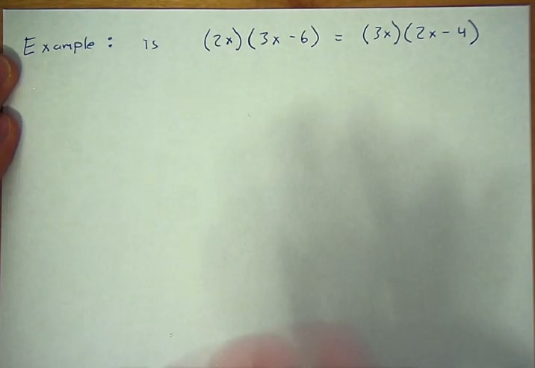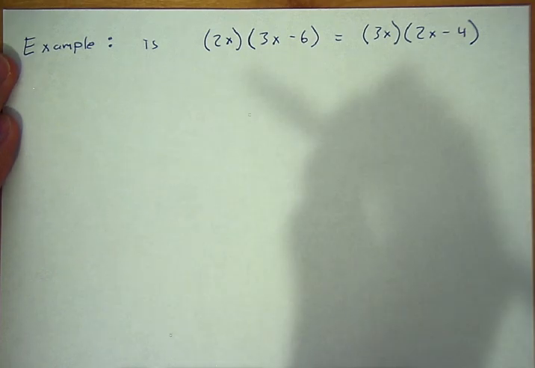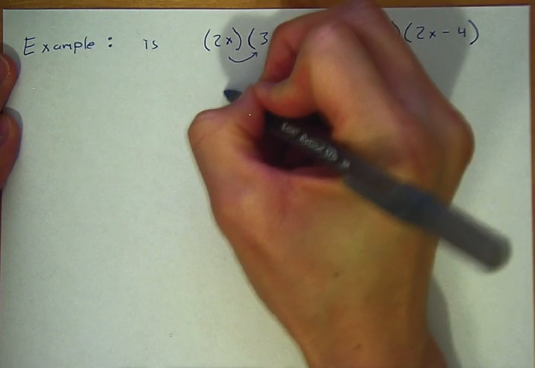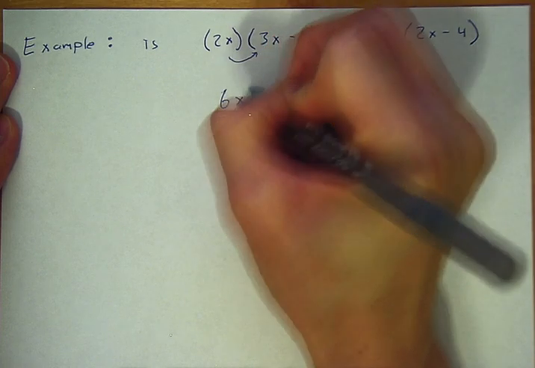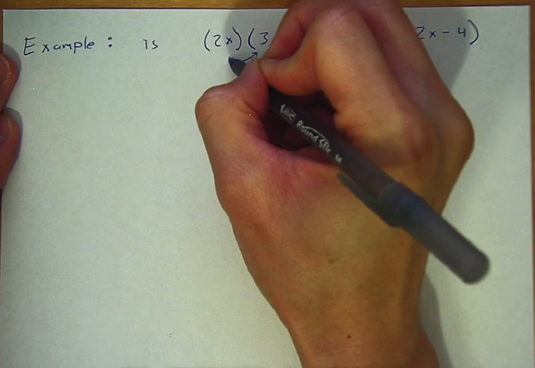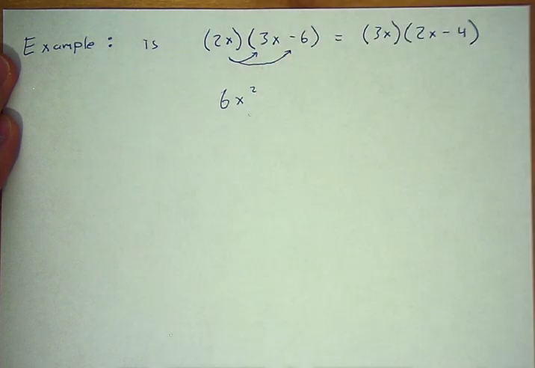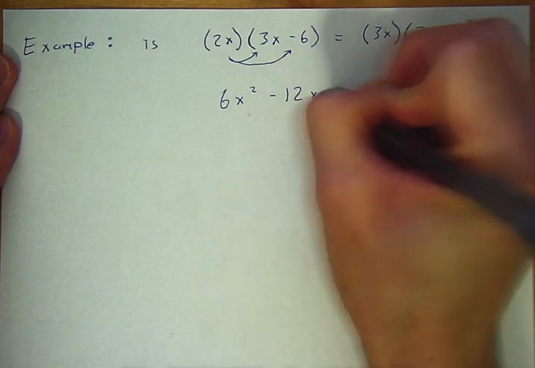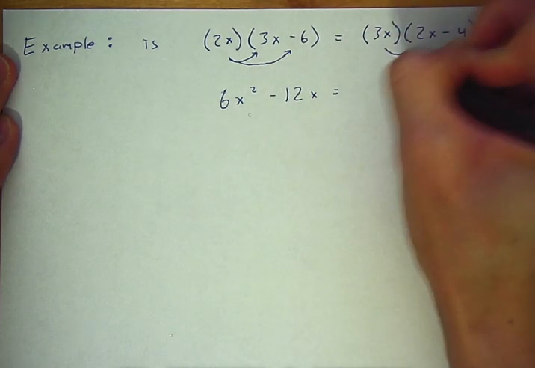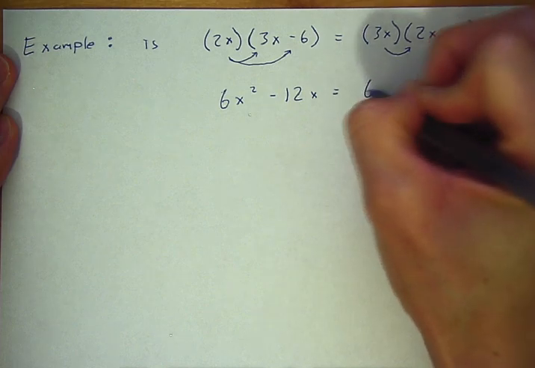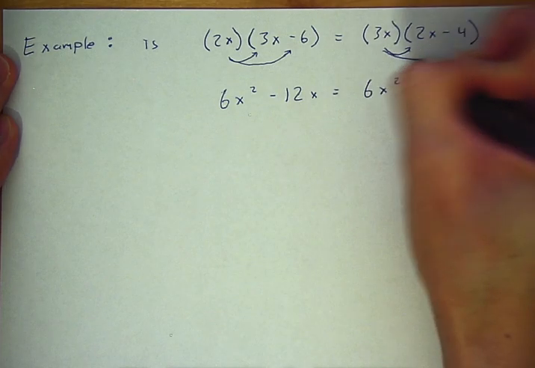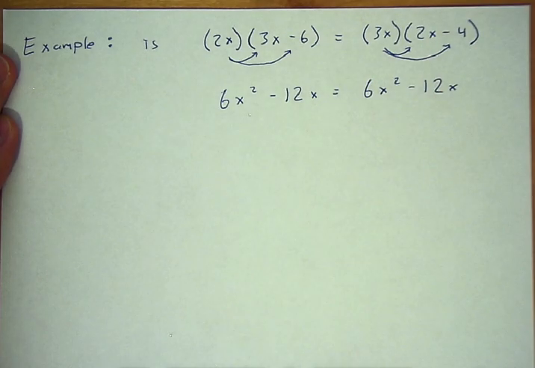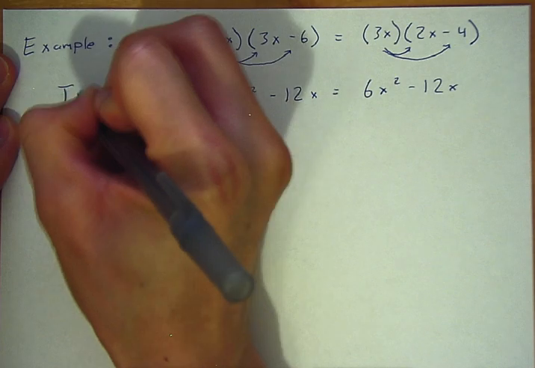So here you can do the math manipulation and actually find out if this is true or not. 2x times 3x is 6x squared. 2x times negative 6 is negative 12x. On this side, 3x times 2x, 3x times 4. So you would say, yes, this is true.